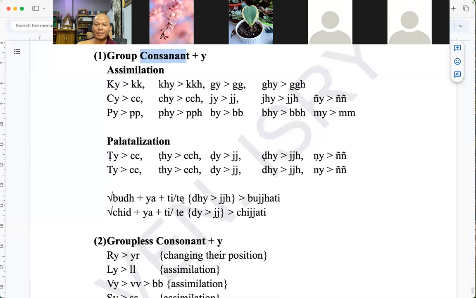Have you seen any root ending in the O? I haven't seen any root ending in the O.